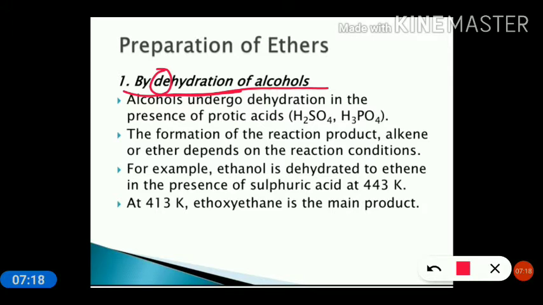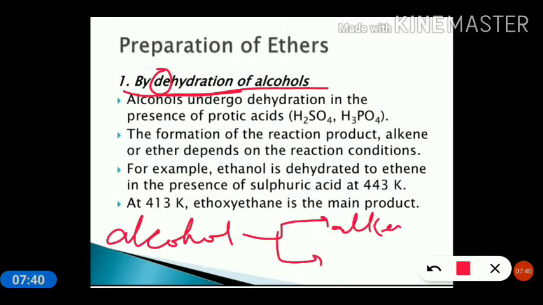We have seen this reaction in alcohol's chemical properties also. The formation of alkenes is also possible, ethers also possible. It means alcohol on dehydration gives alkene also and ethers also.